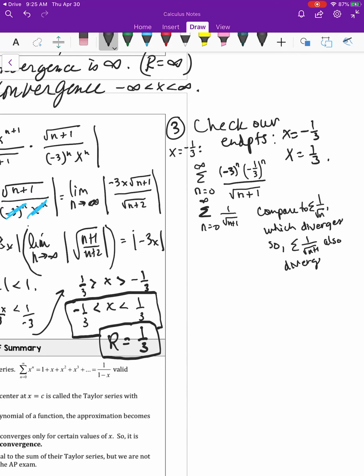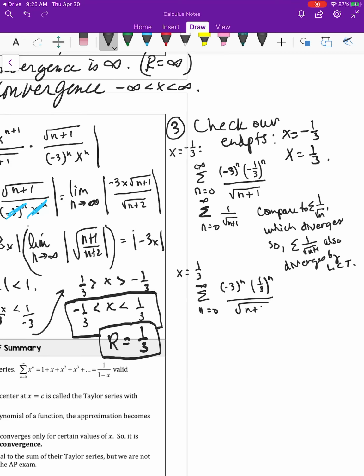So our summation 1 over the square root of n plus 1 also diverges by limit comparison test. So we don't want to put an equal to sign on negative 1/3. So now we need to look at positive 1/3.